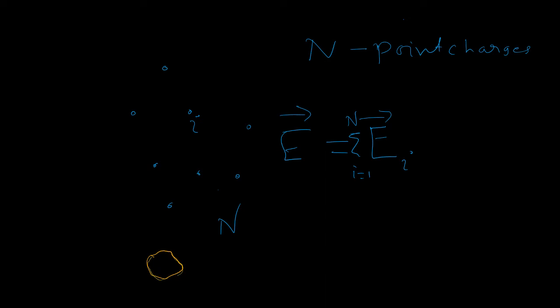Then if you want to calculate electric field here at point P, how to do that? Because now it is not a point charge, it is a distribution over some curve. How to do it? And our friend is superposition principle.